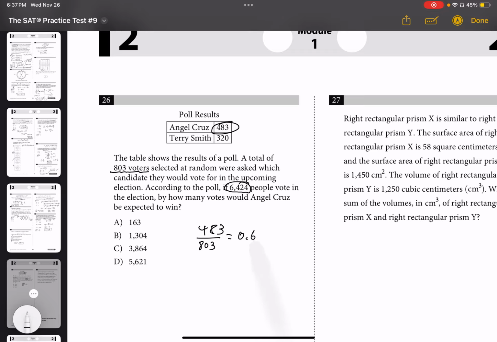And you're going to get a value of 0.60149 and so on, but just keep that value in your calculator and then multiply that value by the new population of 6,424. This is going to give you a new value of 3,864. And that's equal to option C.